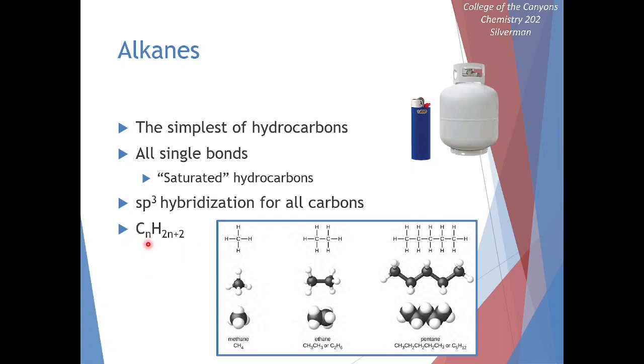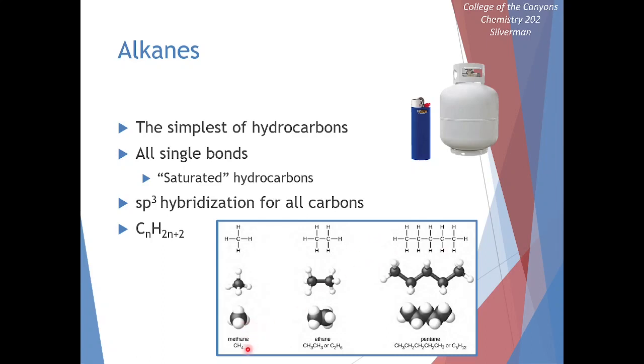Right? Each carbon has 2 hydrogens attached to it, and then 2 other carbons, probably, and then, okay, plus 2 extra hydrogens here to cap our ends. Right, so each of our carbons has a top and a bottom, and then the 2 at the end have 1 extra hydrogen. 2n plus 2.